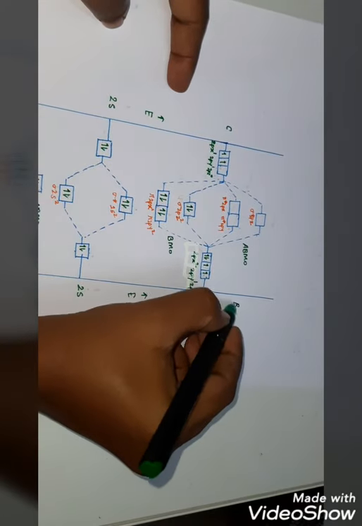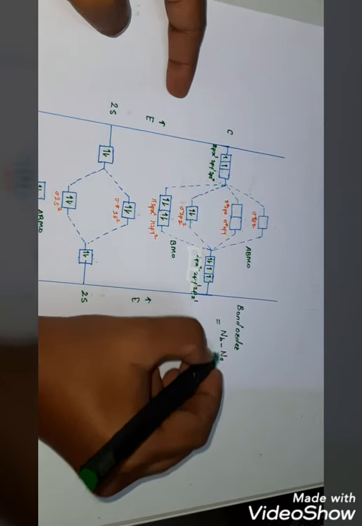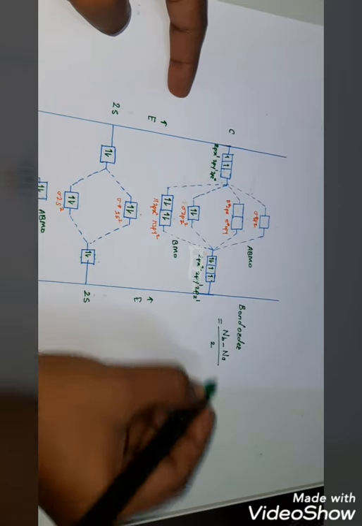Now let's calculate the bond order. Bond order is equal to the number of electrons in bonding molecular orbitals minus the number of electrons in antibonding molecular orbitals, divided by 2.